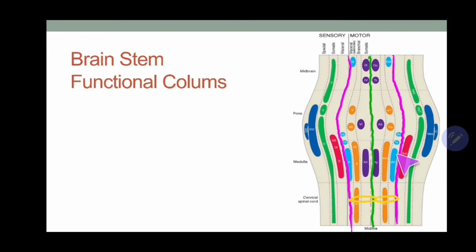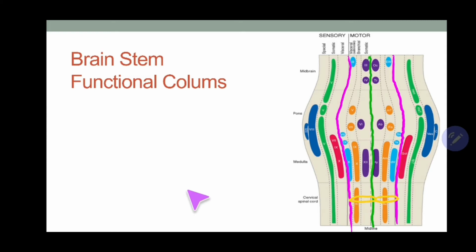This is for the smooth muscles, the autonomic parasympathetic fibers to innervate the smooth muscles of the head and neck region, and this is called general visceral efferent functional column. Okay, so that's how the efferent nuclei are arranged in the basal lamina on either side of the midline.